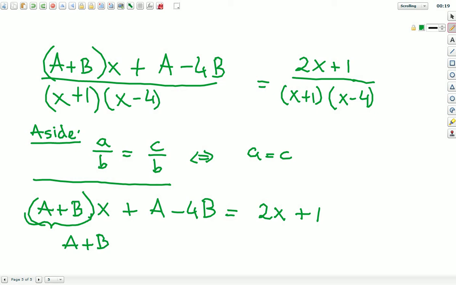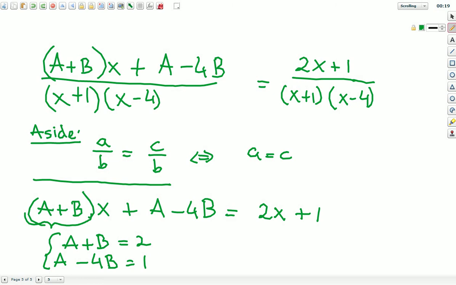We want a plus b to add up to 2. Then we also want the constant terms to be equal, so a minus 4b should add up to 1.